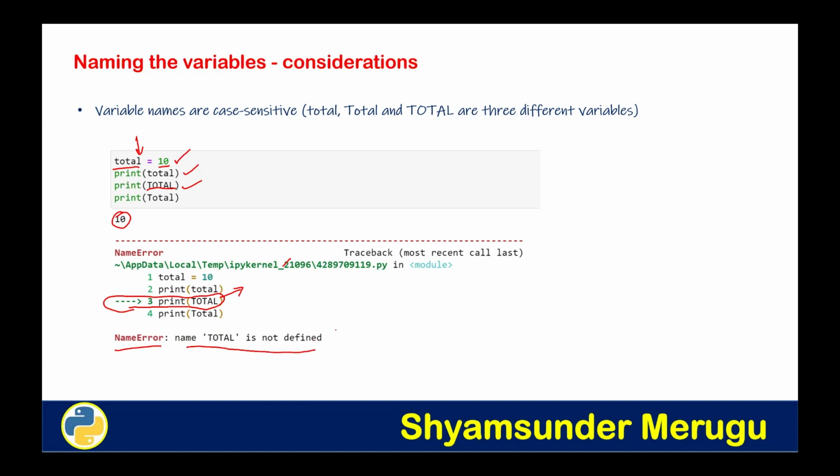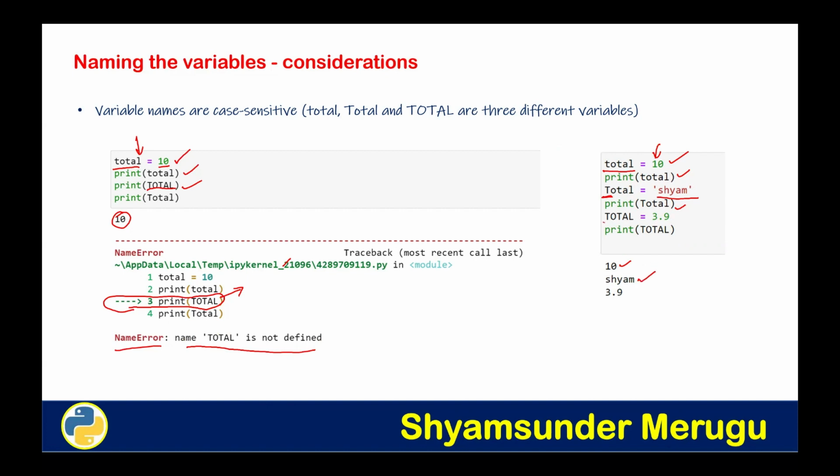To overcome this, take this sample code: total is a variable assigned the value 10, then you print total, and it prints 10. Later you take capital T and assign a value to it, which is a string, and print it so you get that output.